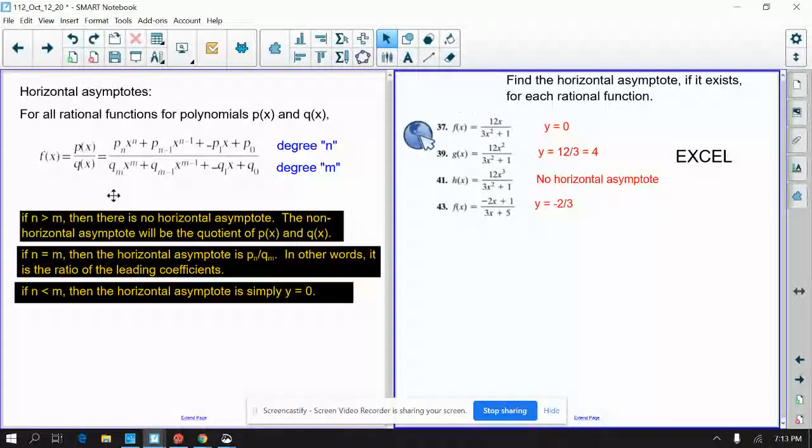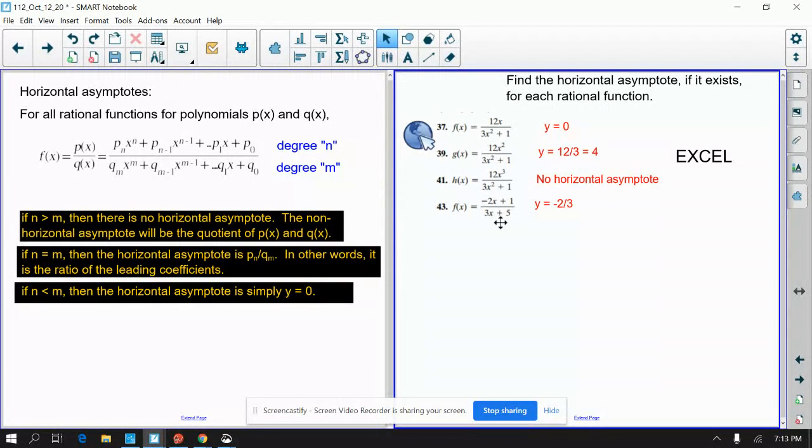But remember, with these the vertical asymptotes are always x values that would result in division by zero. That's an easy one. So no rational function on planet Earth will ever cross over a vertical asymptote, because think about what the vertical asymptote means. It is an x value that would make you divide by zero.